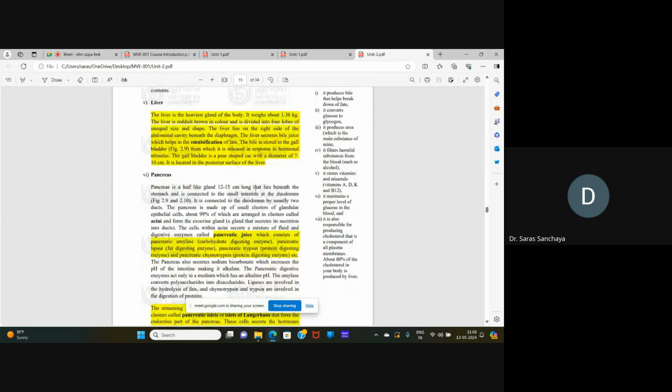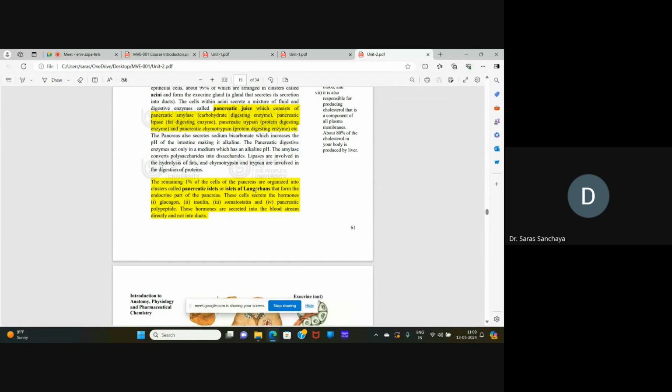Now there is the pancreas. Pancreatic juice consists of pancreatic amylase, which helps in digesting carbohydrates, pancreatic lipase, which helps in digesting fat, pancreatic trypsin, which helps in digesting protein, and pancreatic chymotrypsin, which is another protein digesting enzyme.